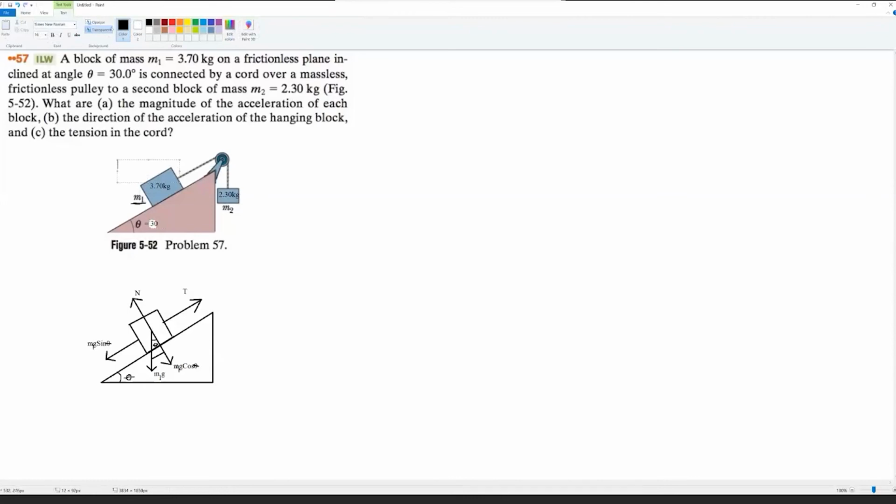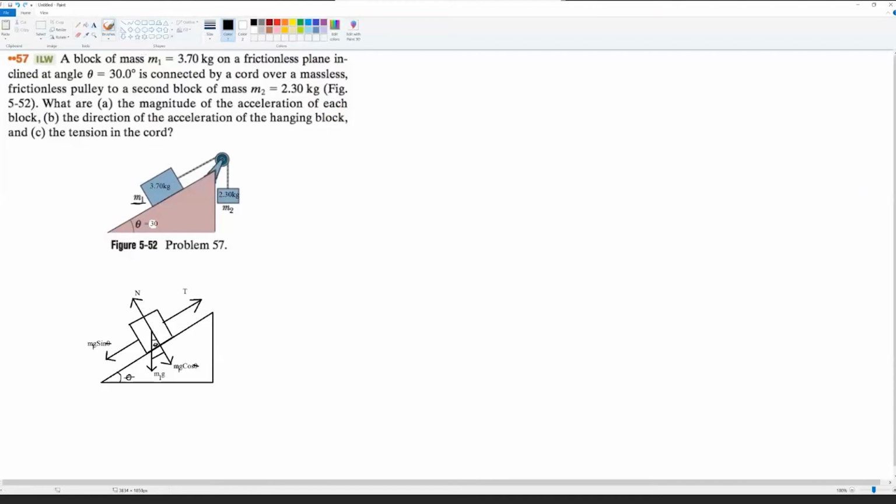But I've changed it back to 30 so that we are not confused. So, yes, the theta angle is 30. We have M1, 3.7 kilograms, and 2.3 kilograms for M2. This is on a frictionless surface, and we have a massless, frictionless pulley up here.